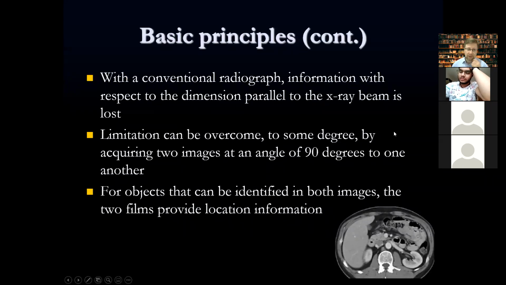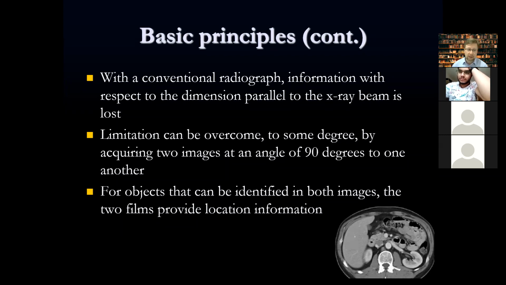With a conventional radiograph, information with respect to the dimension parallel to the X-ray beam is lost. This limitation can be overcome to some degree by acquiring two images at an angle of 90 degrees to one another, as you saw in the previous part of the lecture, plain X-ray imaging of the lung in two projections.